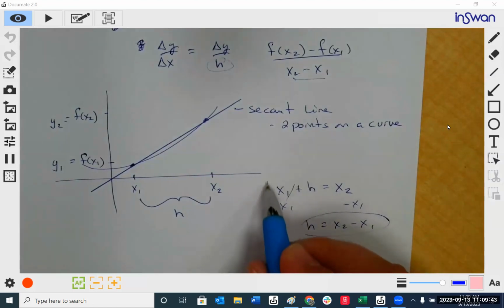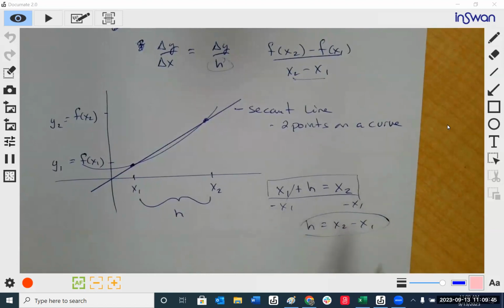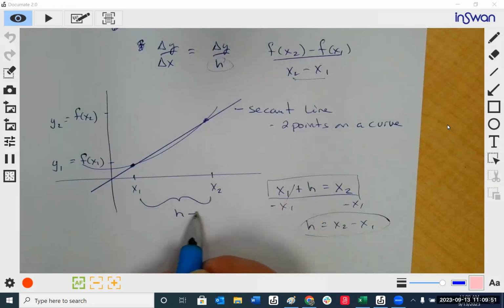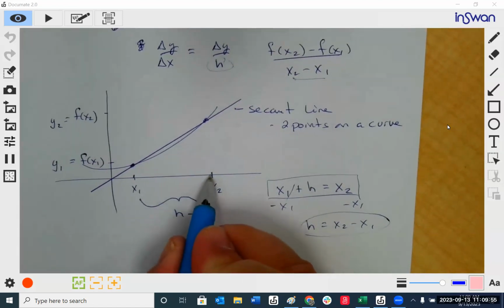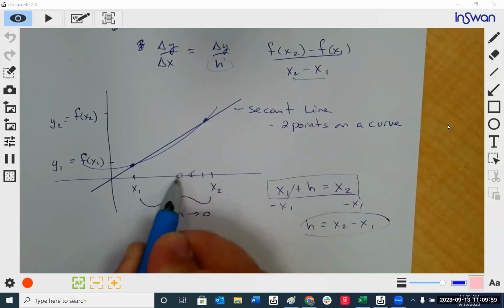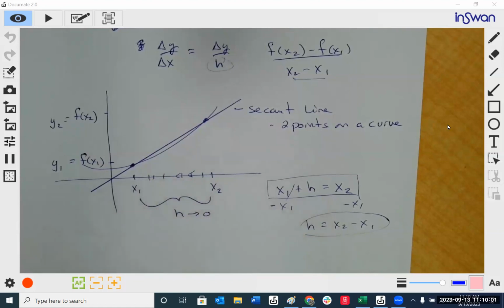But remember, we're trying to get down to only 1 point. So the only point we want is x. What's happening is, as h, the distance here, goes to 0, what is that going to mean? It means that x2 moves closer and closer to x1. Eventually, h will become 0.